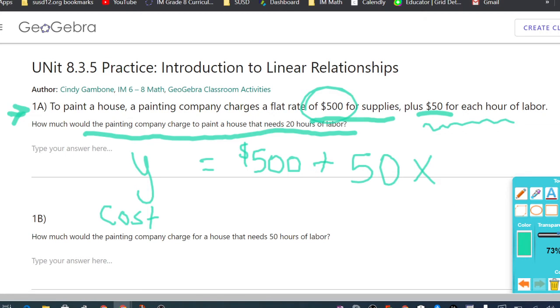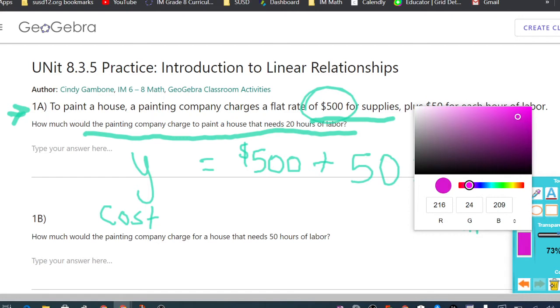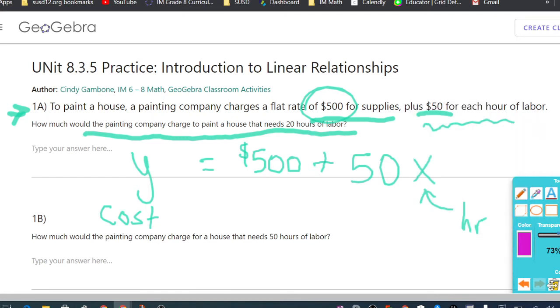I'll call the hours of labor X. That's hours of labor. So how much would it cost to paint a house that needs 20 hours of labor? Let's see, the cost would equal $500 for supplies plus $50 an hour times 20 hours.